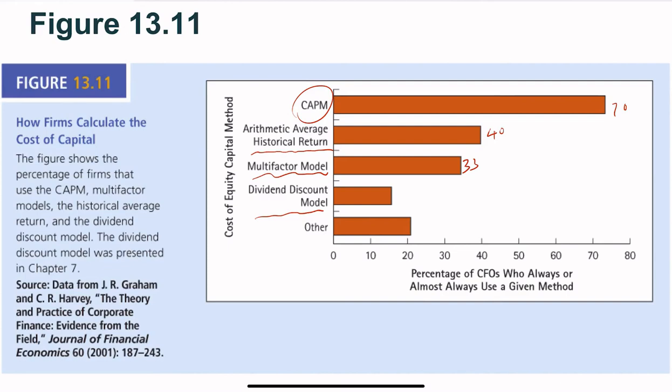This is understandable, right? If you want a robust result, you want to use different models and see how your results change. And you want to compare the results obtained from different models. So if there are large differences, maybe you want to know why you get large differences. Then if there are very small differences across multiple models, maybe you could use the average of your calculations from different models as the estimate of your cost of capital.